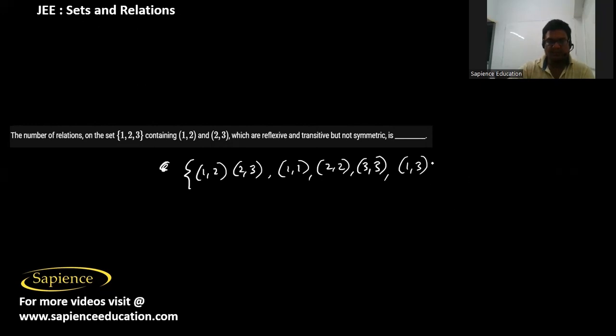So we can put (1, 3). So this is one relation R1, and R2 we can take (1, 1), (2, 2), (3, 3), and then (1, 2), (2, 3), (1, 3).